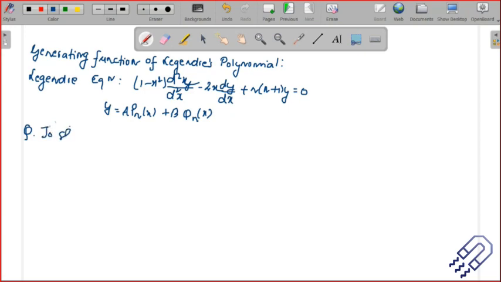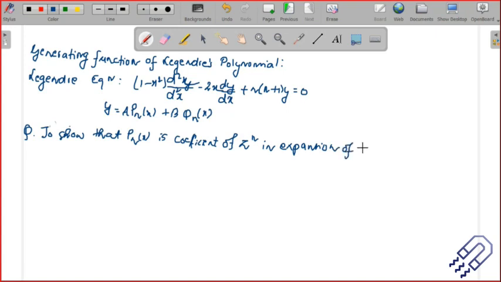The question is to show that, okay, we'll do it slowly, please get a proper understanding of this. Pnx is the coefficient of z to the power n in the expansion of what?